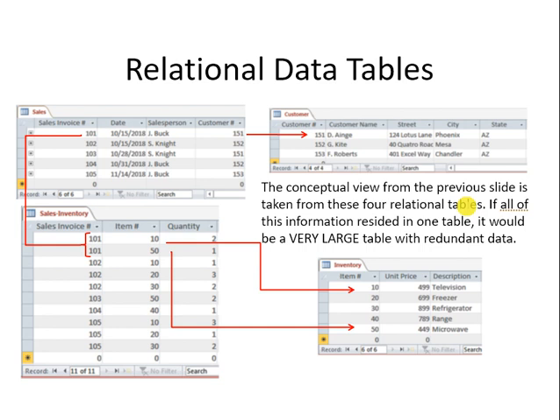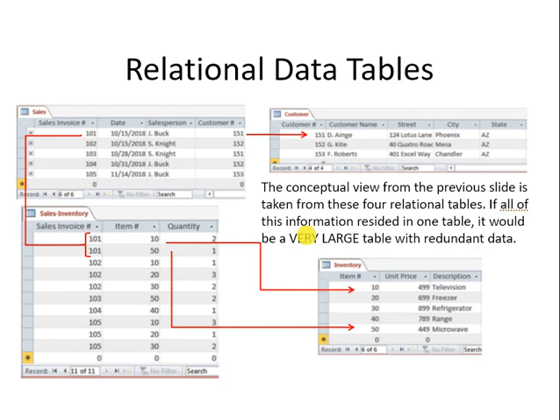If all of this information resided in one table, it would be a very large table with redundant data. If we combine all four tables into one, we could do that, but we would create a super large table with a lot of redundant data, which is inefficient.